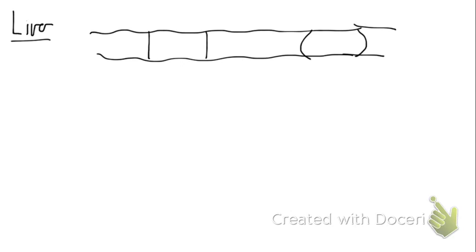One is a receptor, the other one is a cyclase. This is a glucagon receptor. This is adenylate cyclase. Adenylate cyclase we've seen before turns ATP into cyclic AMP.